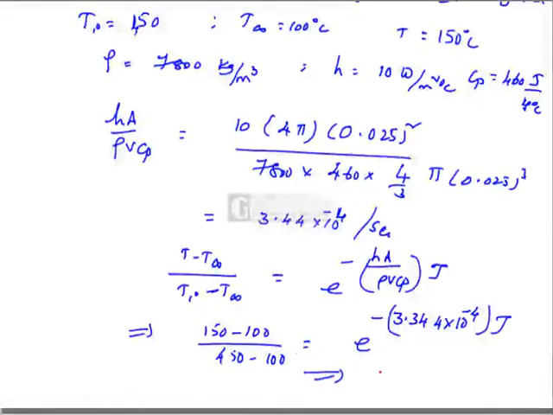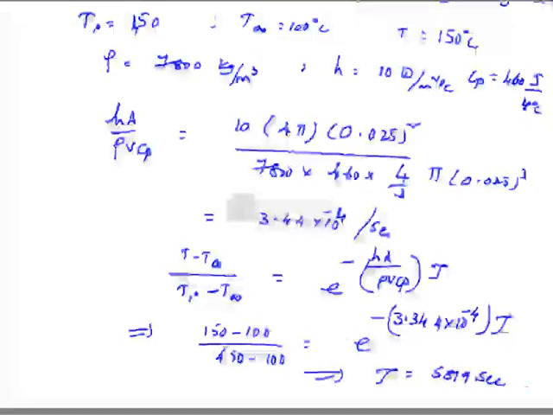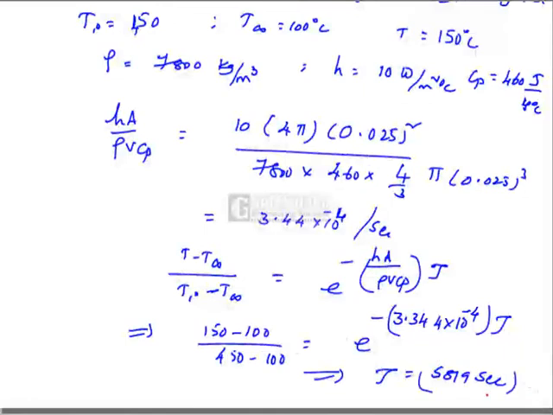So here tau is 5819 seconds, that is 1.62 hours. After 1.62 hours of quenching of the body, the temperature of the body would reach 150 degrees Celsius. That is, from 450 degrees Celsius to reach 150 degrees Celsius, the body will take 5819 seconds.